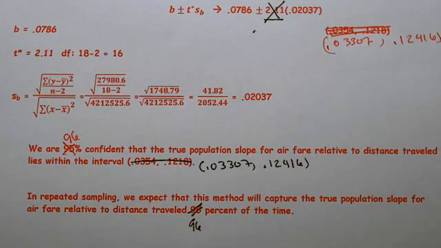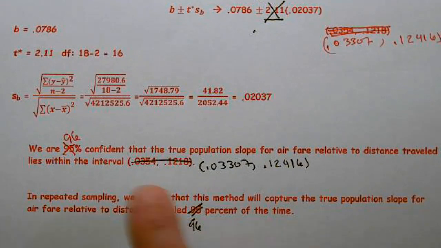We can measure that predictive value by 2 methods. The correlation coefficient, which was 0.69, which says moderately strong and the direction was positive. And we can use the coefficient of determination, which was 0.482. So 48.2% of the variation in airfare, or in Y, is explained by changes in the X, or in this case, distance traveled.